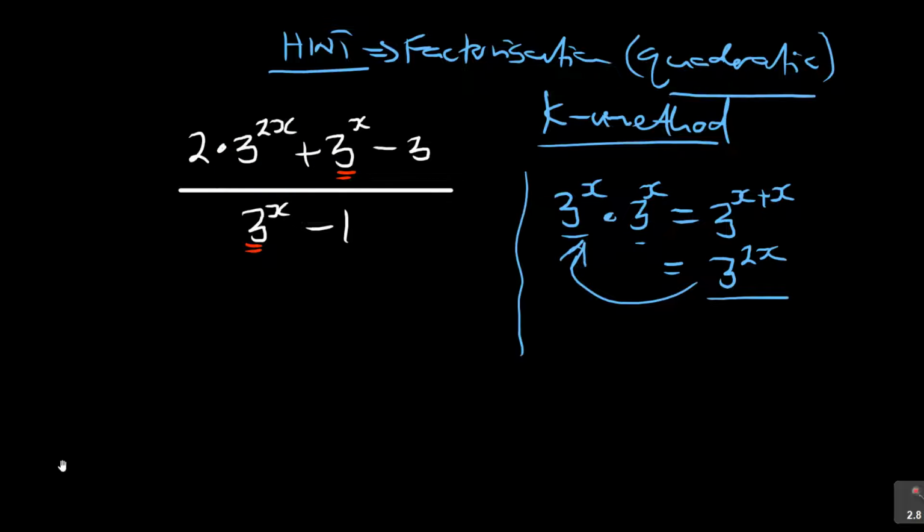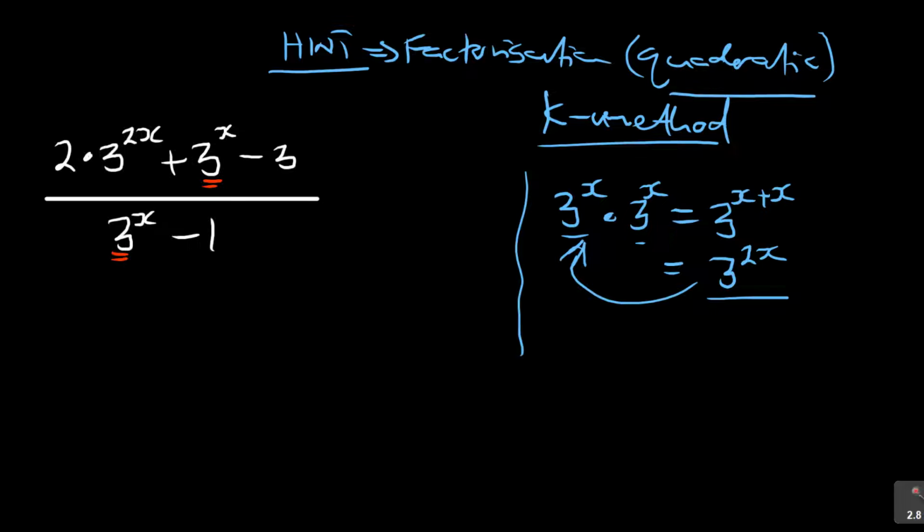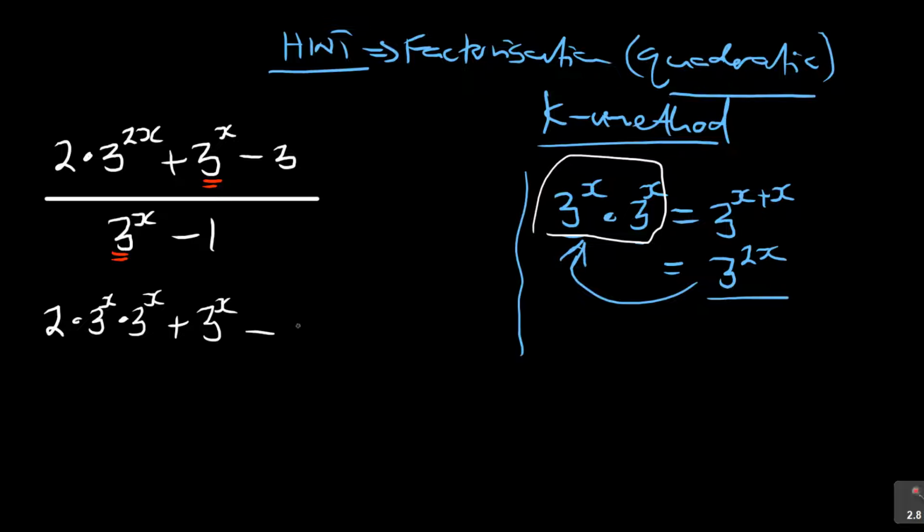So if I write this, I'm going to have 2 dot 3 exponent x dot 3 exponent x, plus 3 exponent x minus 3, all over 3 exponent x minus 1.